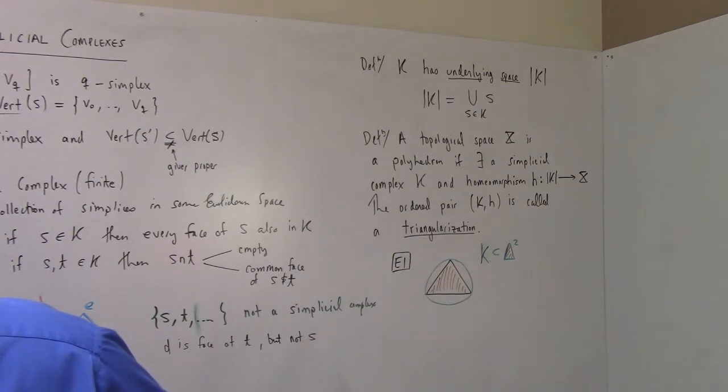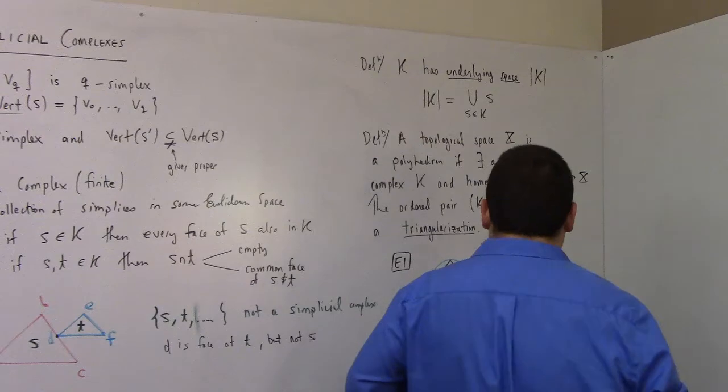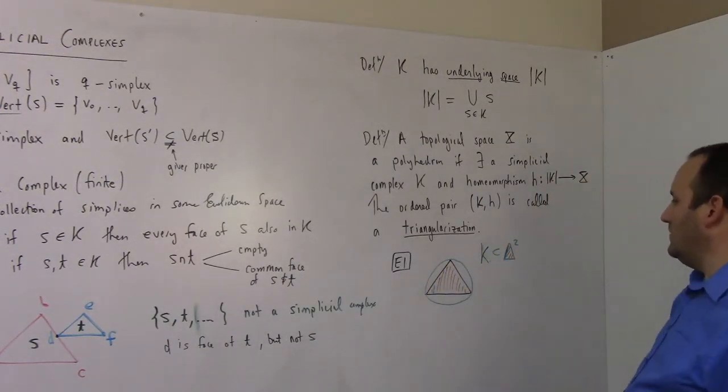So, example 2 is the family of all proper faces of an n simplex. So then there's a triangularization of S n minus 1. So basically, generalizing.